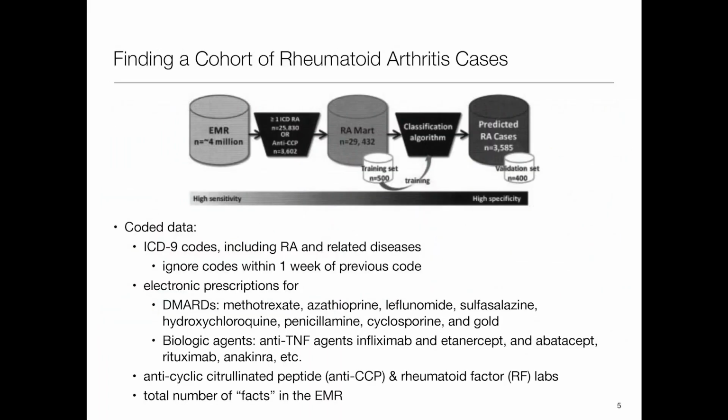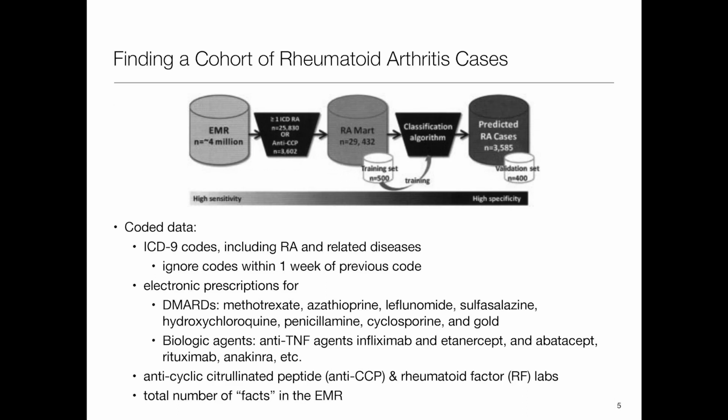Okay. So how did we do this? Well, we took about 4 million patients in the EMR. We selected about 29,000 of them by requiring that they have at least one ICD-9 code for rheumatoid arthritis, or that they've had an anti-CCP titer done in the lab.